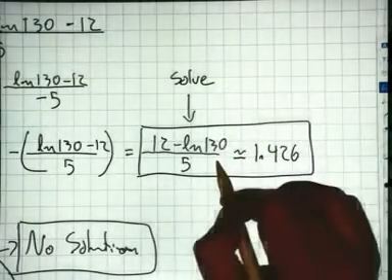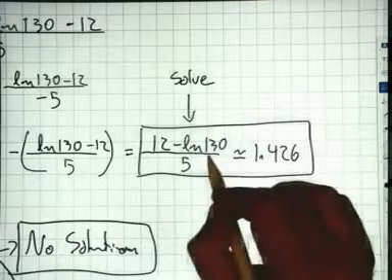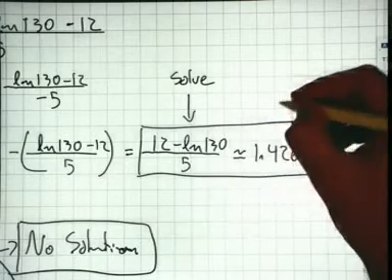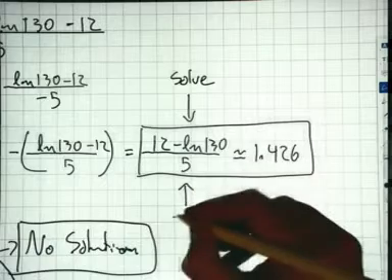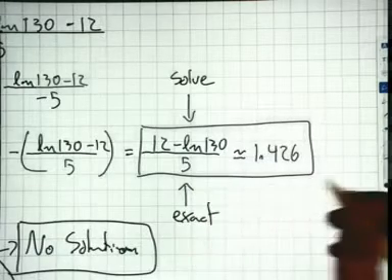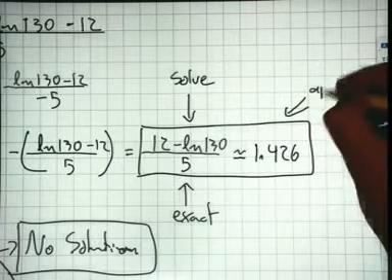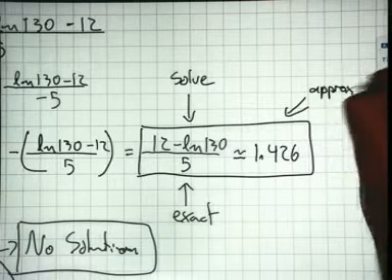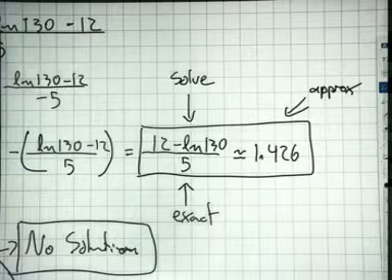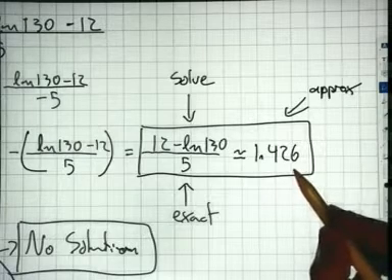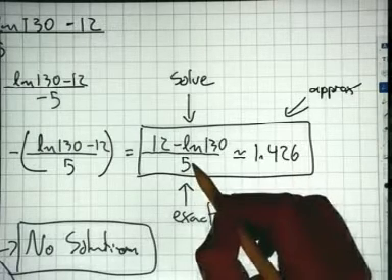I want to see this boxed in because this is the exact answer. And all this is just an approximate. So yeah, approximate if I say so, but this is not the answer I'm looking for. This is the answer I'm looking for.